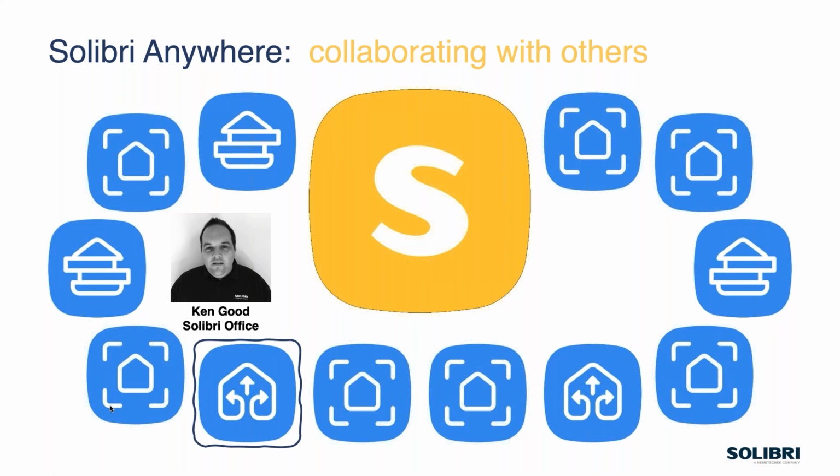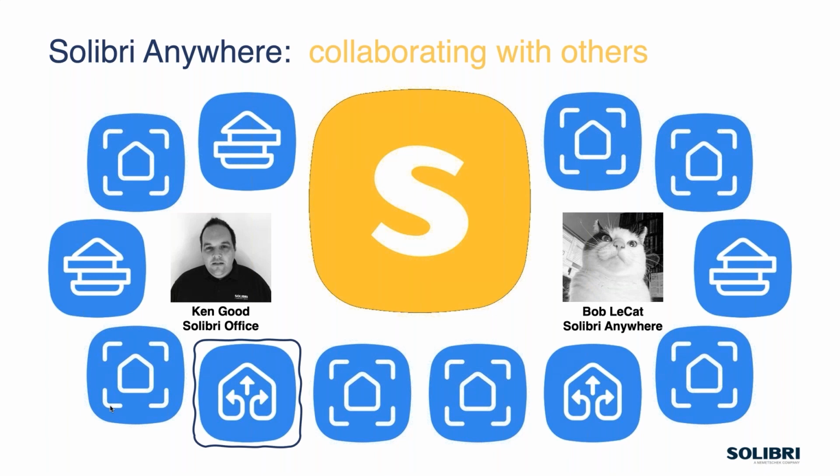I did some checks, created some ITOs, did a bit of work on it, and now I've shared that SMC file. So I need somebody else to work on it, and I'm going to use my good colleague, Bob the cat, and Bob's going to use an Anywhere license to open up that existing model and do some work on it and see what can be done.